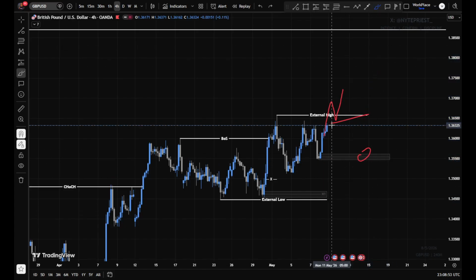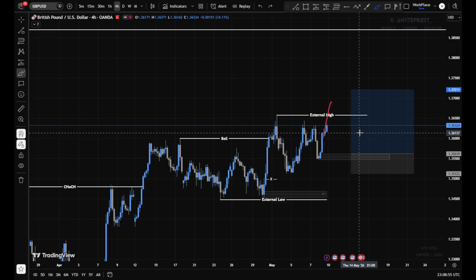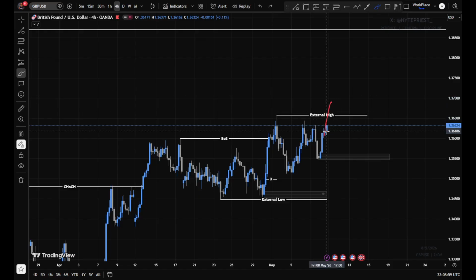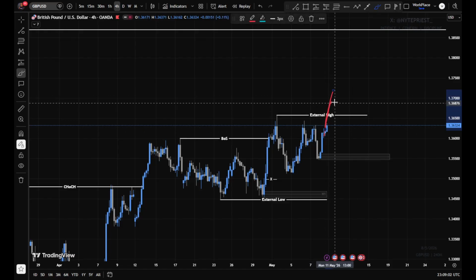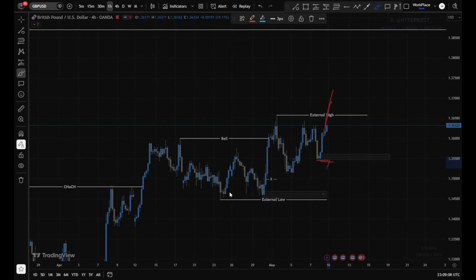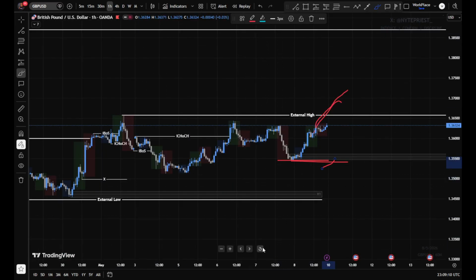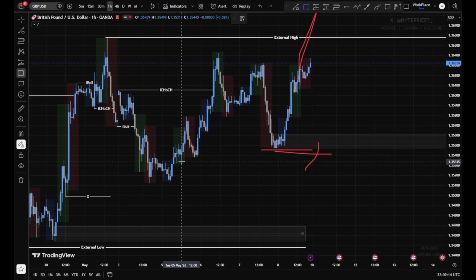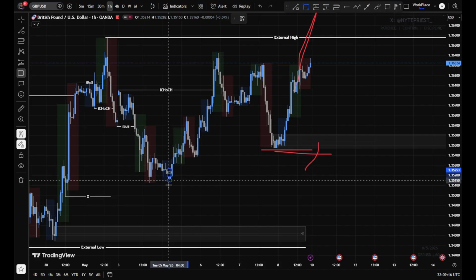So if price is to impulse, to give an impulsive break without a pullback, this will be my liquidity. So I'll wait for this to get liquidated, and then on the 1 hour time frame, probably mitigate this zone here on the 1 hour time frame.